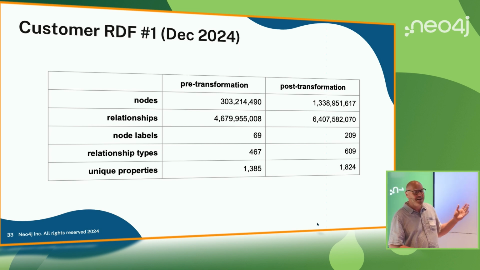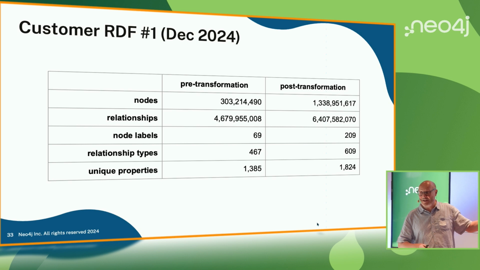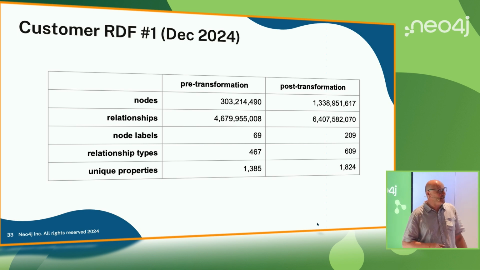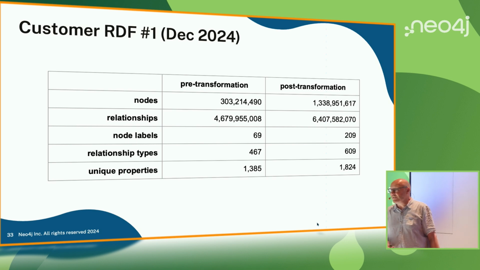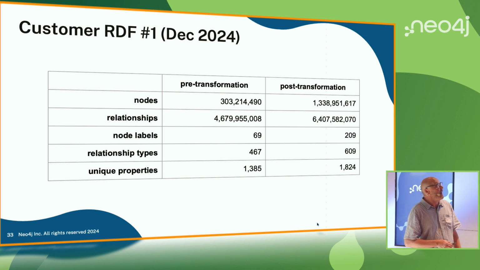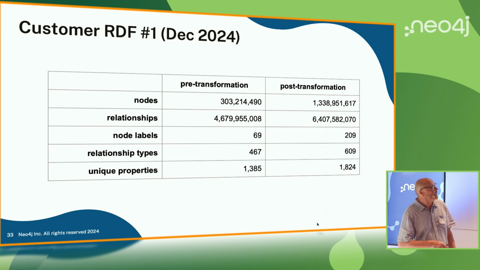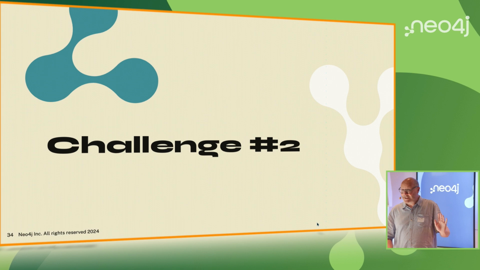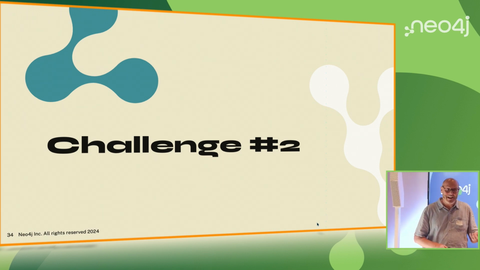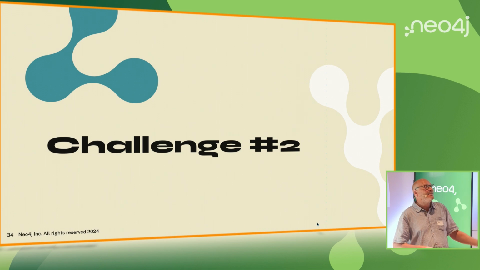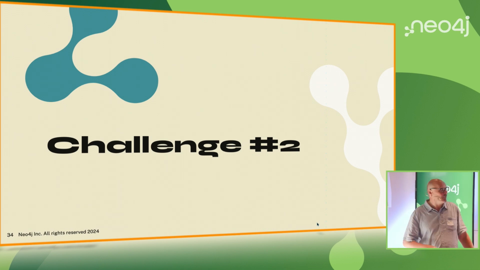So we were able to transform this 1.5 terabyte set of RDF data into a Neo4j database. It's now getting quite sizable, because we're at the billion node, multi-billion relationship level. So that was challenge 1. We can import the data, but we had to modify some of our tooling, in this case RDFLib, to bring it in a faster way.